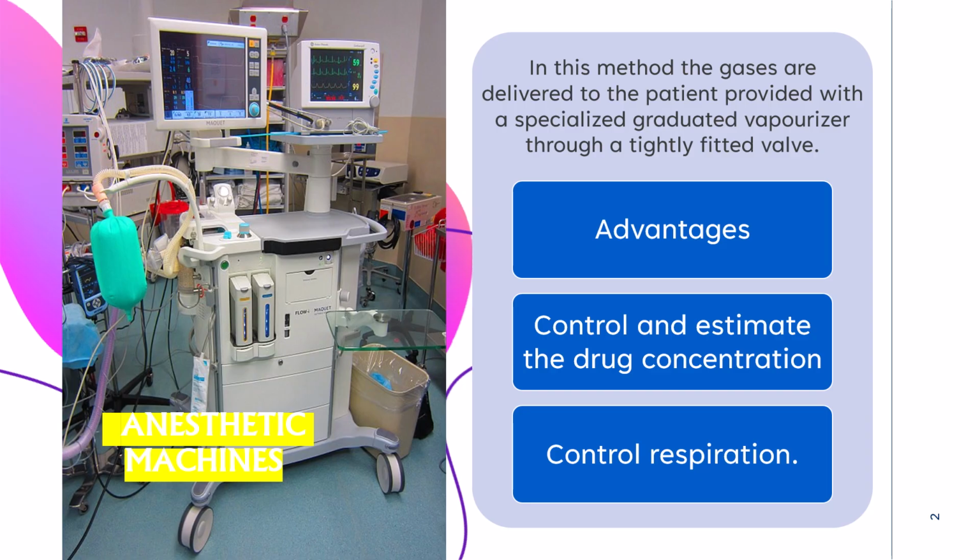We can have everything under control, and these are the monitors by which we can find out the heart rate and respiratory rate, and with the help of the valves we can control the flow of gas. So it has more advantages when compared to the previous method.